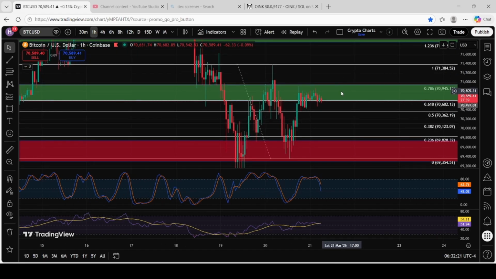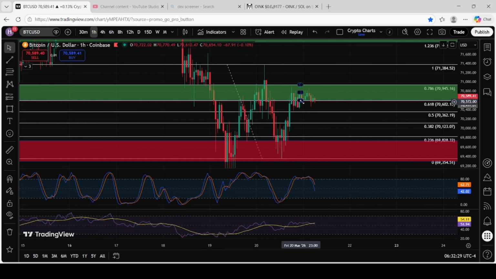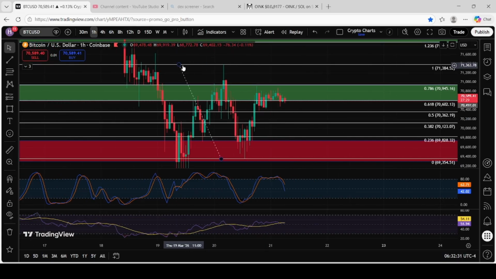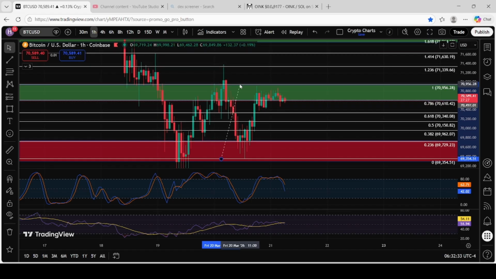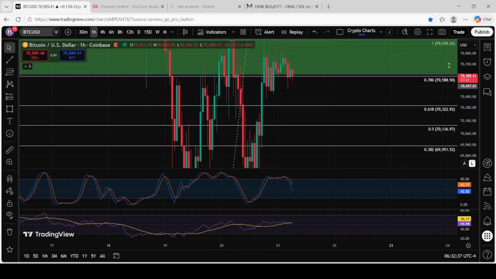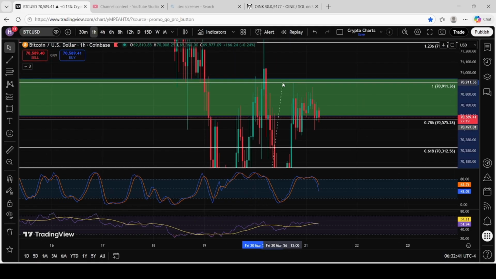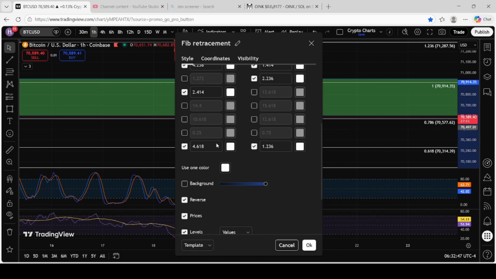So let me go ahead and get rid of this green zone. I guess we can keep the green zone here, but we want to start looking for maybe if we have a pullback. So we're going to just go from the top of this move right here. Need to reverse the fib. So we're going to look for lower targets.